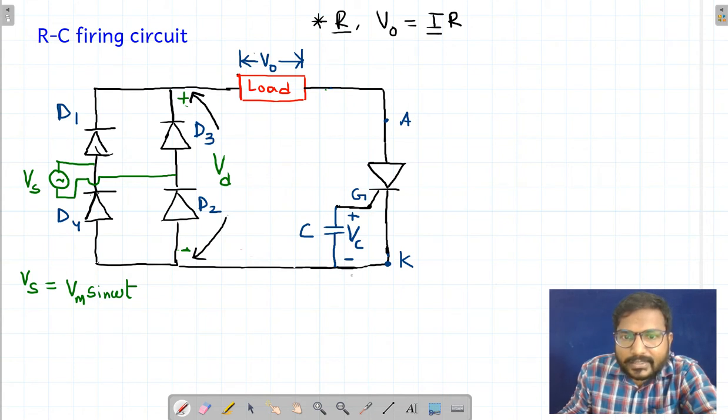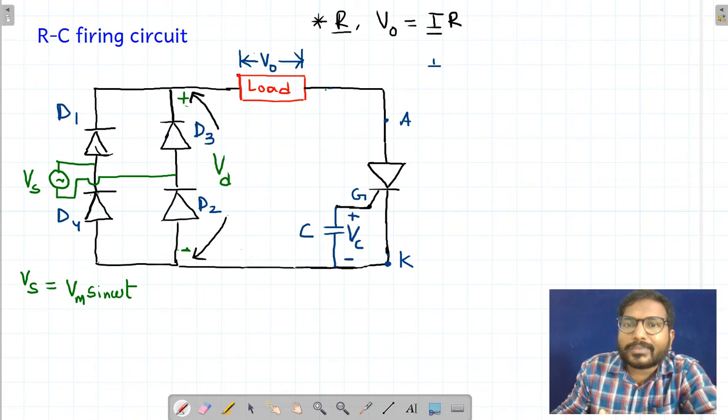Look at this. I place the capacitor between gate and cathode. If the capacitor is charged to Vc, now this Vc acts as a voltage source between gate and cathode. This is also known as the gate voltage.